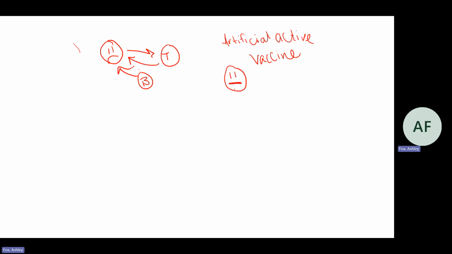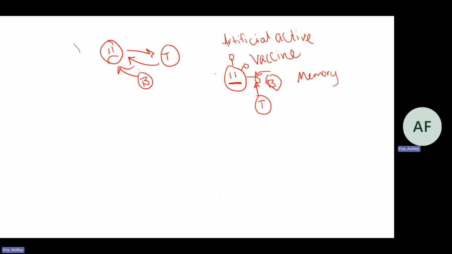We'll either make it so that they can't infect you, but you still have the antigens on the surface so that your immune system can still come in, recognize, and be activated. So this is artificial because you're not actually getting the illness. You're getting pieces of them or inactivated parts of it, but it still has a reaction of your immune system. So your immune system is still able to recognize it and be activated and make memory.